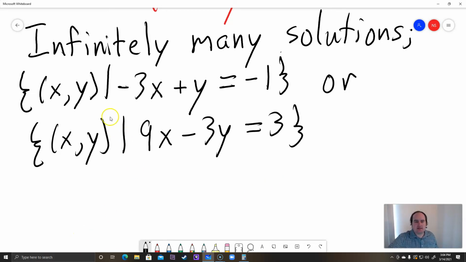And all this is really saying is, basically, since we got an equation that's always true, that means that these two linear equations represent the same line, so the lines are right on top of each other. And if two lines are right on top of each other, they have an infinite number of points of intersection. And each point of intersection is a solution. Okay, so you have an infinite number of solutions, so that's why it's the set of all points x comma y such that each of these equations is true.